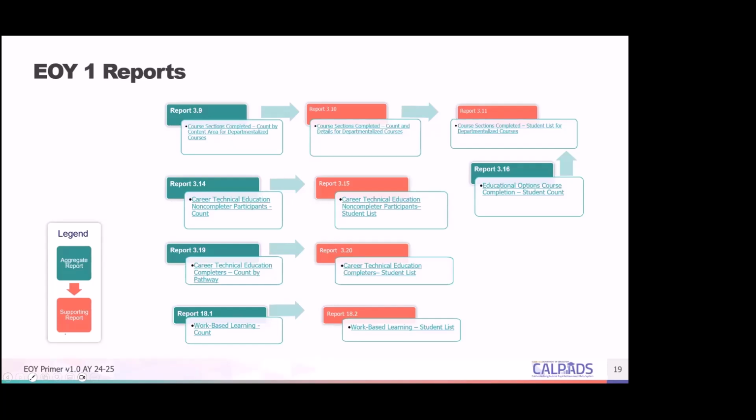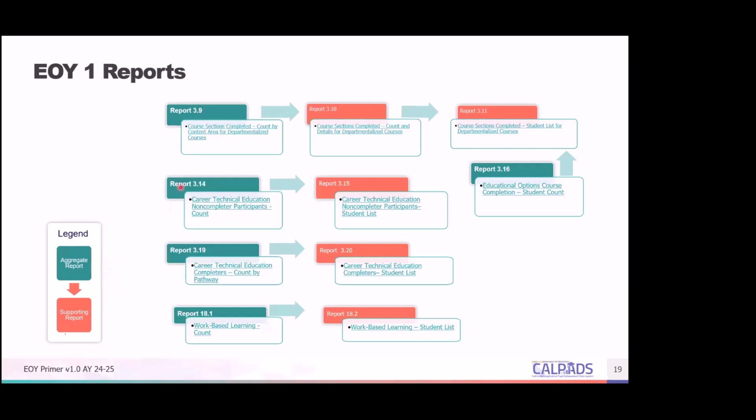And so it is important to get an early start to your record submission in CALPADS for end of year this academic year, but really every academic year. The legend and the arrows on this screen show the nature of each report as well as how reports link to other reports.